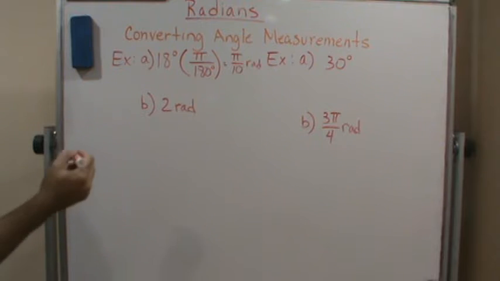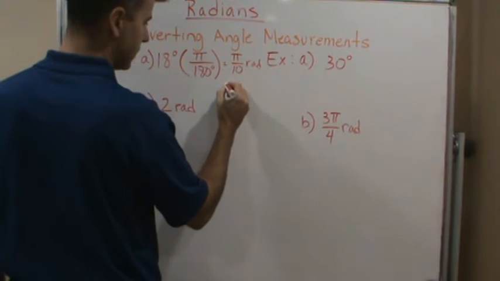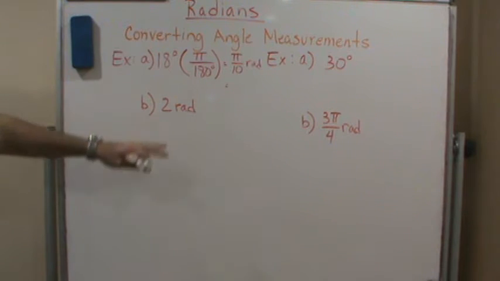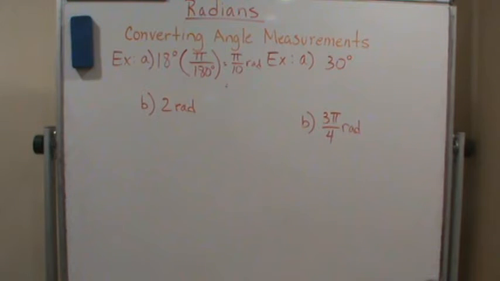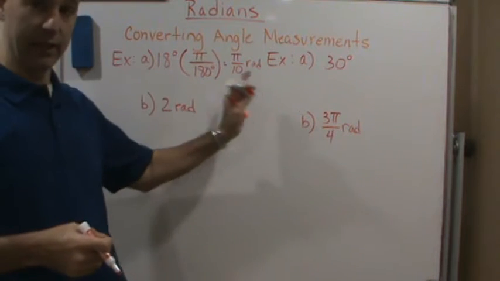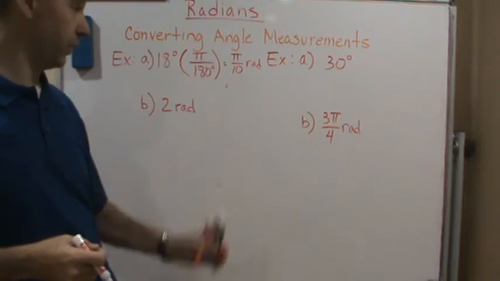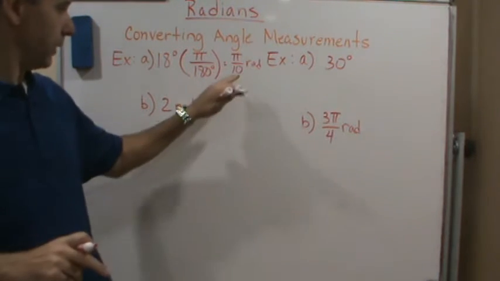Now again, we can write this as a decimal, or we can leave it as an exact answer. And typically, we always write radians in terms of pi because it's convenient, especially when you have pi equals 180 degrees or 2 pi equals 360 degrees. Then typically we will write it that way.